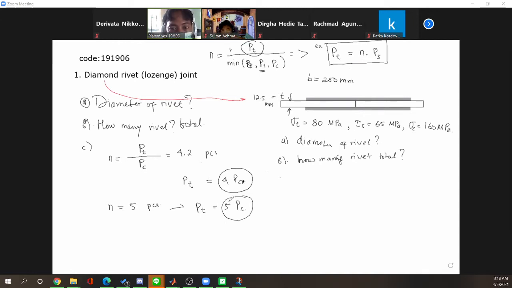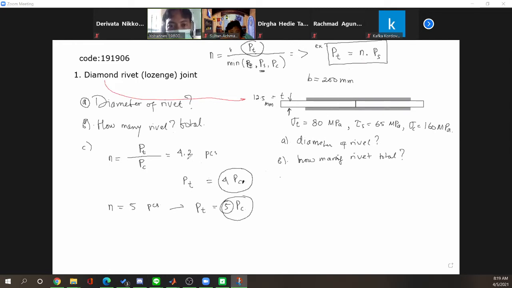But it is already 5 times PC, so it will be higher. Then it is okay to use 5 rivets instead of 4, because when the load reaches 5 times the crushing load, the plate will start to collapse, will start to crack. But it happens at a higher load, so it is okay. So I think choosing 5 pieces of rivet is better, and can increase the strength of this joint.